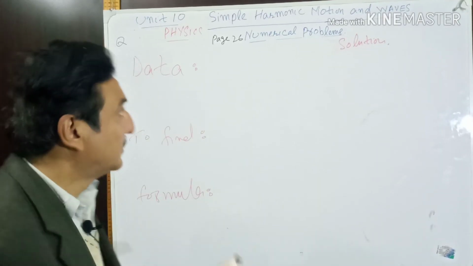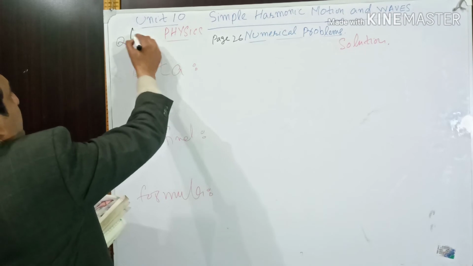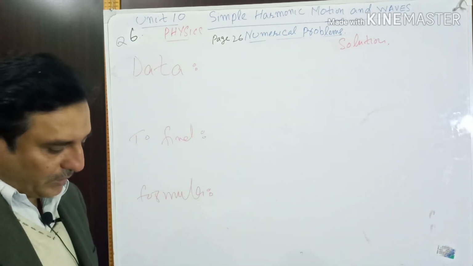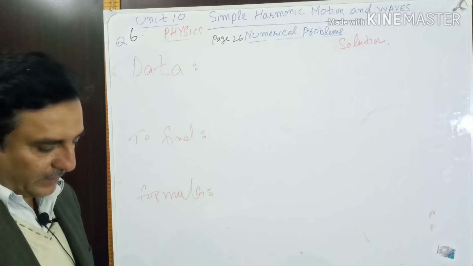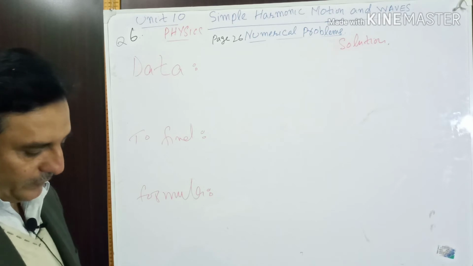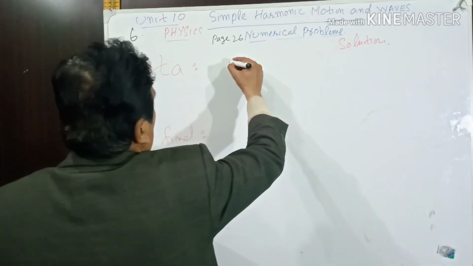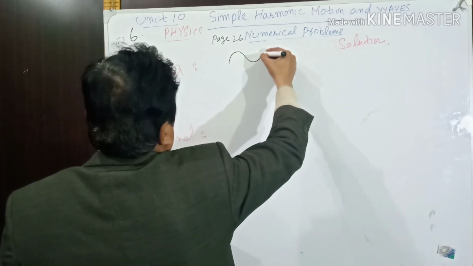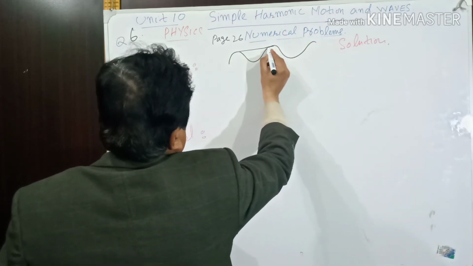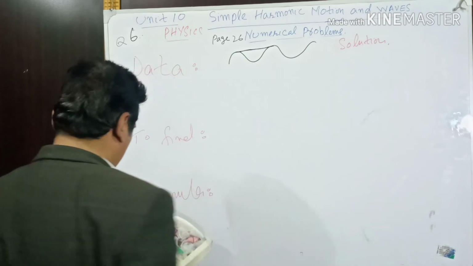Question 6. Question number 6. The distance between two consecutive crests in a series of water waves is 4.0 meter. The distance between two consecutive crests is called wavelength.